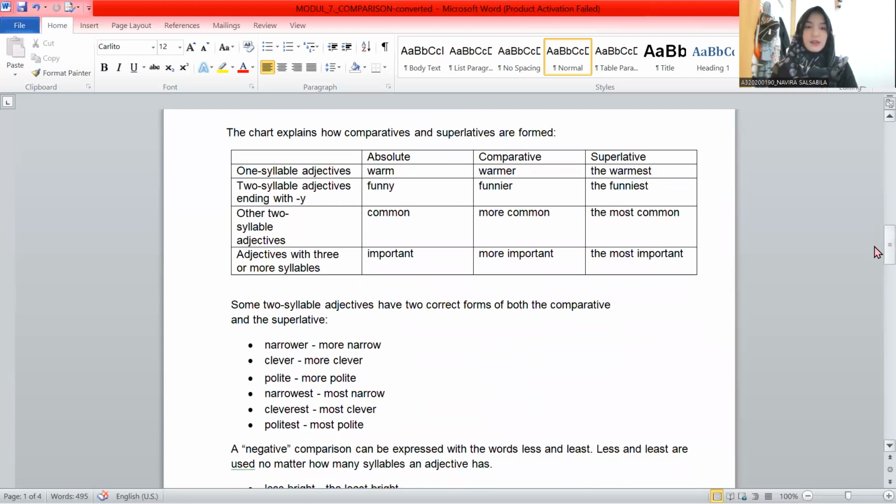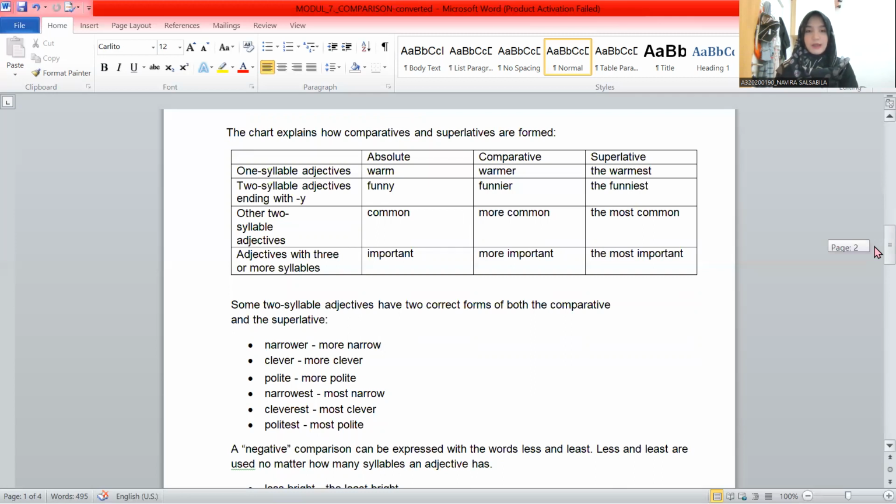Some two-syllable adjectives have the correct form of both the comparative and the superlative. For example, narrower and more narrow. Second, clever and more clever.